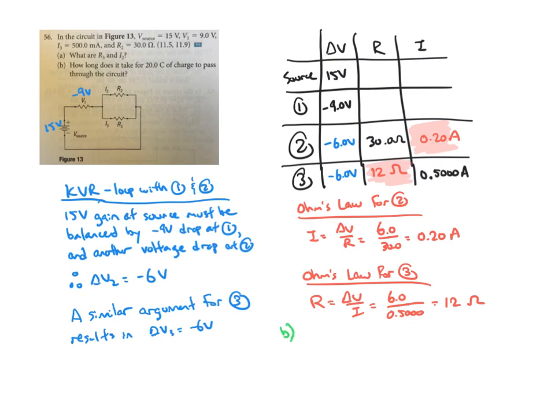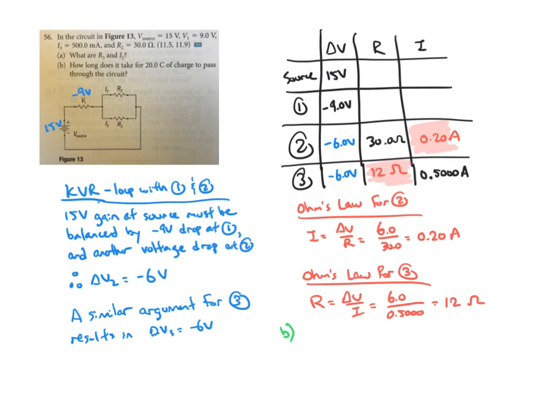All right, part B of this question is a little bit different. Part B asks, how long does it take for 20 coulombs of charge to pass through the circuit? So I'm going to actually have to know the current passing through the whole circuit.